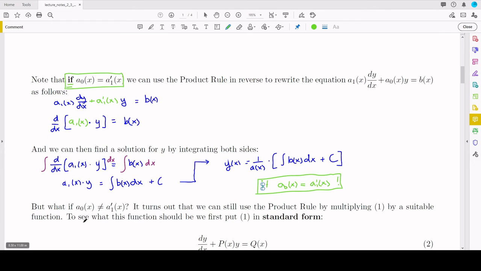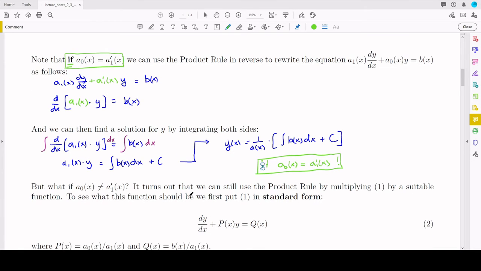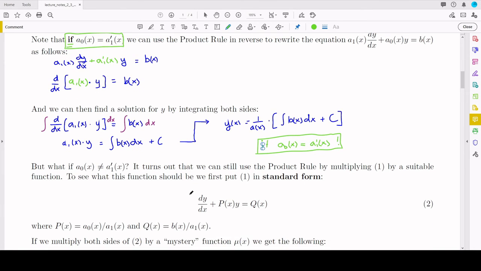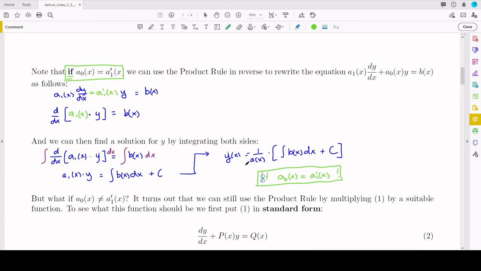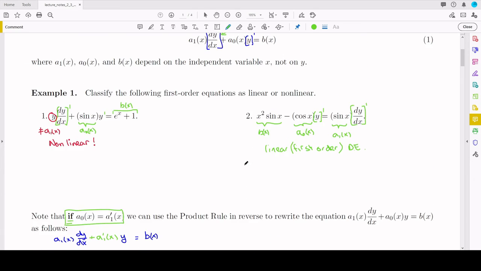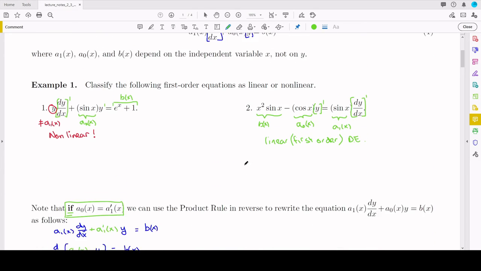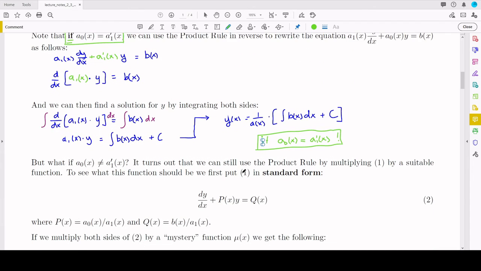So what do we do when a naught of x is not the derivative of a1 prime of x? Or sorry, not the derivative of a1. It turns out that we can still use the product rule by multiplying our original differential equation by a suitable function. So to see what this function should be, we first put our differential equation over here into the standard form.